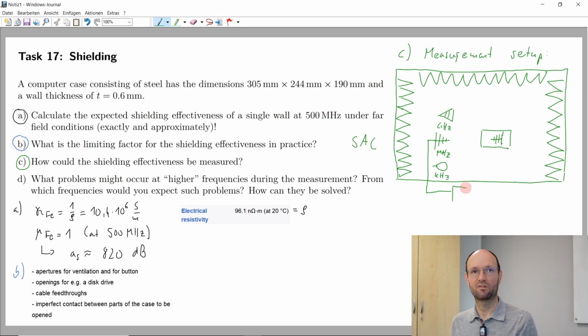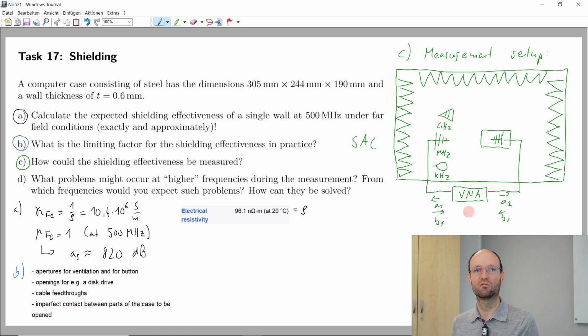and say with this vector network analyzer, we transmit a signal called A1 at port 1, and some signal is reflected back, B1. We have a second port, and at the second port we might transmit a signal A2, of course, and we might get a signal back called B2.